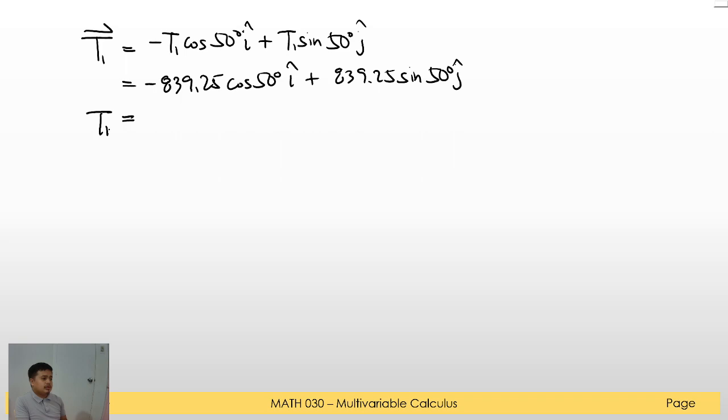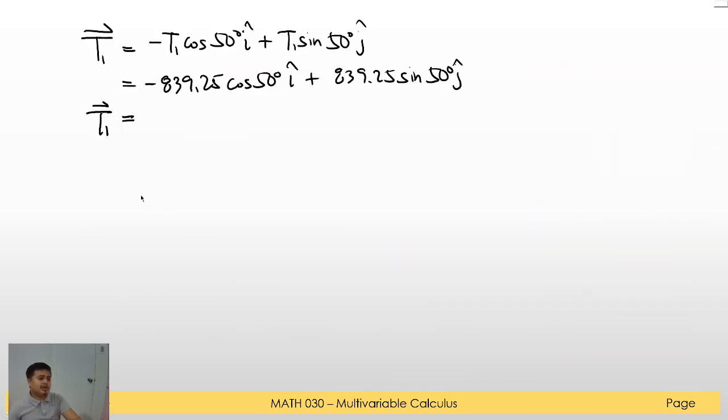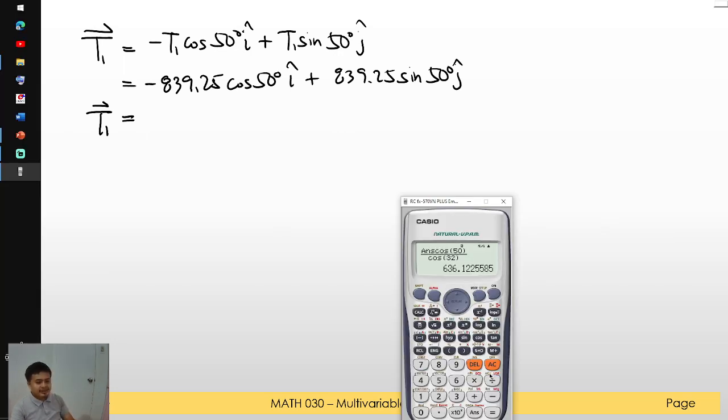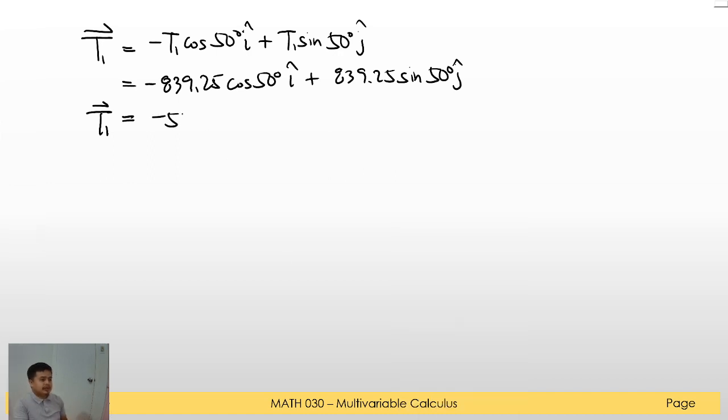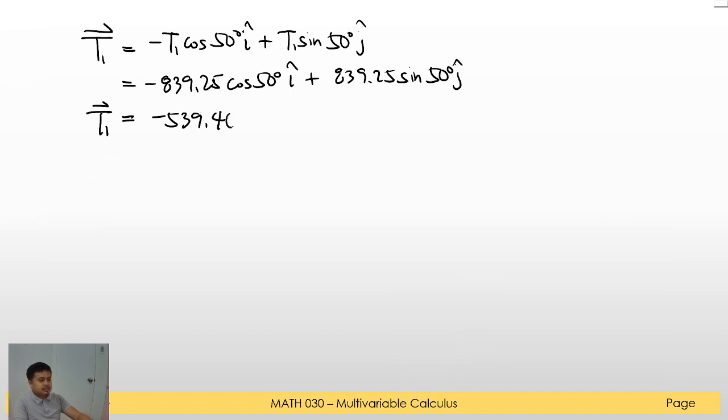So the vector T1 will be equal to, we have to use our calculator. We have negative 839.25 cosine 50, so negative 539.46 newtons I hat.